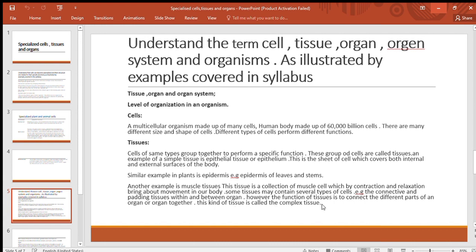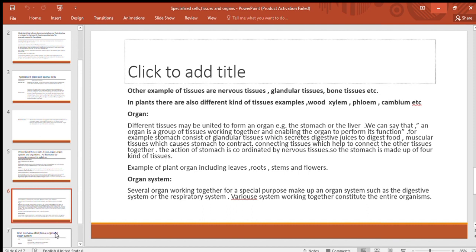The function of this tissue is to connect the different parts of an organ or organs together. This kind of tissue is called complex tissue. Other examples of tissues are nervous tissue, glandular tissue, bone tissue, etc. In plants, there are also different kinds of tissue. Examples: wood, xylem, phloem, cambium, etc.